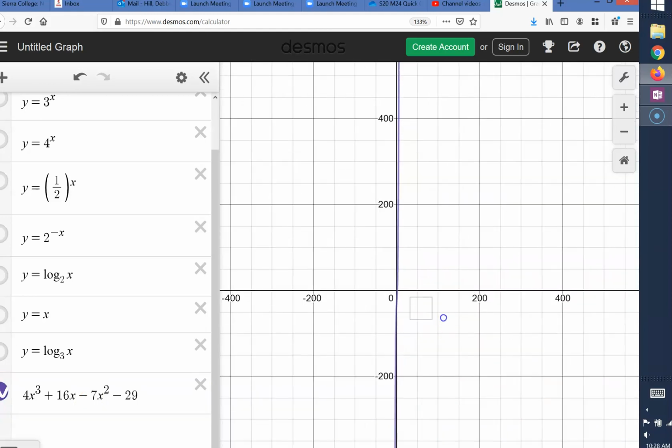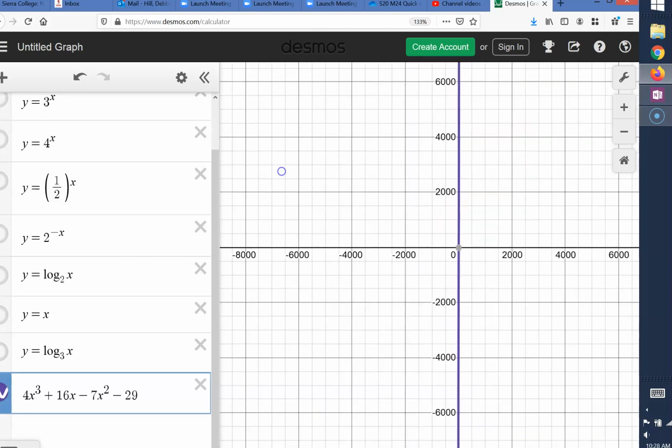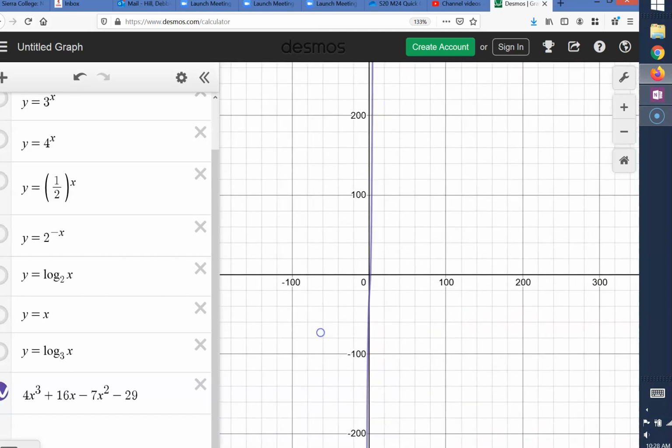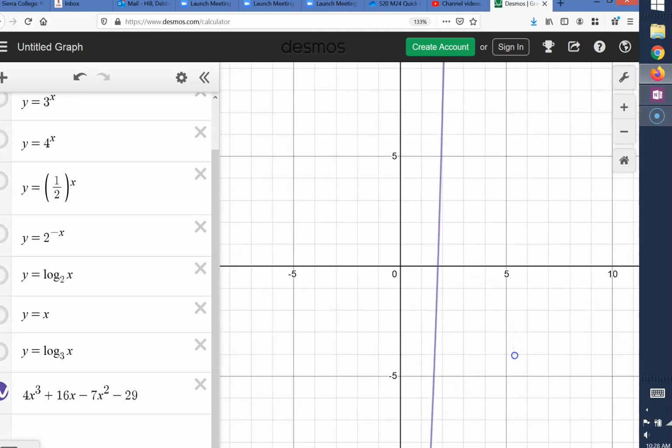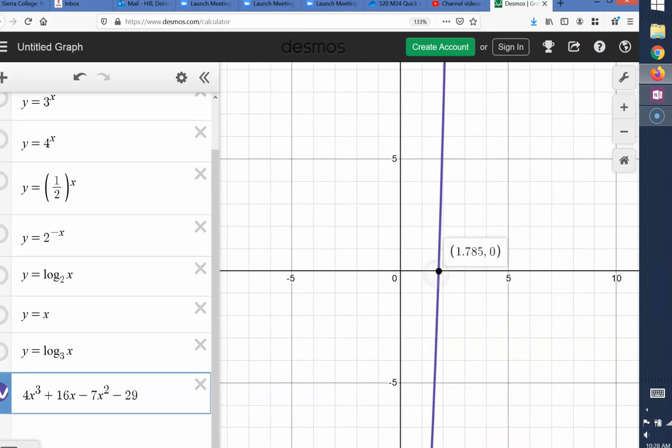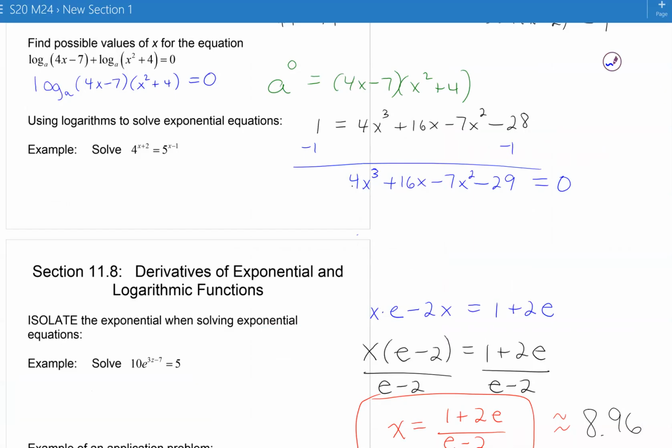So what we want to know is if there's any zeros. Well, I'm only seeing 1 here. And 1.785, this is the only way I can see that you could find that. So I would not expect you to be able to solve this on a test. Quadratics, I expect you to be able to solve, and cubics if they work with factor by grouping, which this one doesn't.